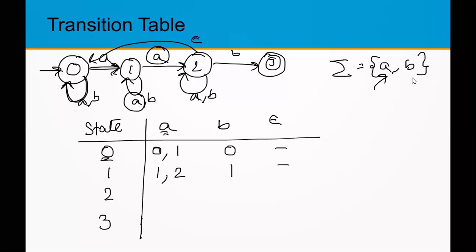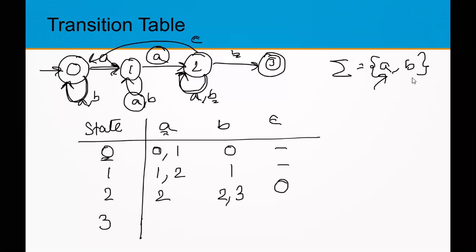Now, state 2. On A, there is only one arrow from 2, which goes to 2 itself. Similarly, 2 on input symbol B can go to 2 or it can go to 3. Now look at this state 2, there is an epsilon transition, so on epsilon it can go to state 0.